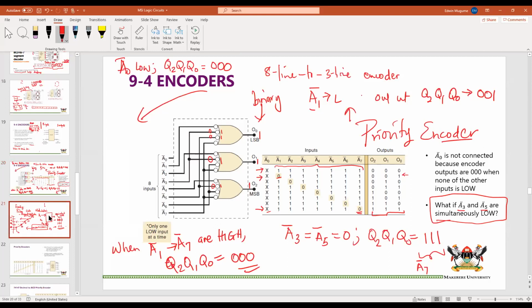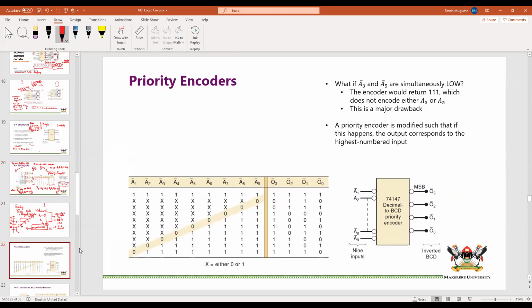So we are going to now look at a priority encoder. A priority encoder is connected internally in such a way that if a problem like that were to happen, where A3 is equal to A5 is equal to 0, then the output Q2, Q1, Q0 corresponds to the code of the higher value. In this case, the higher value obviously is A5. So our output should instead become 1, 0, 1.